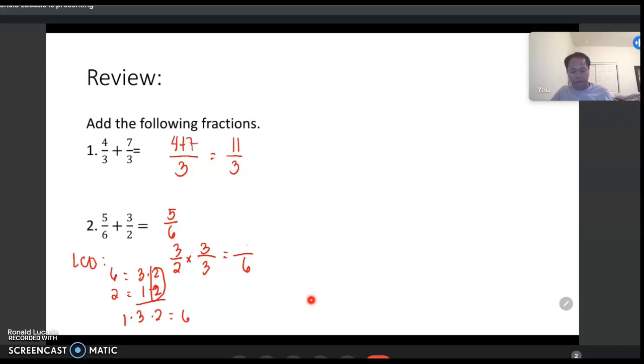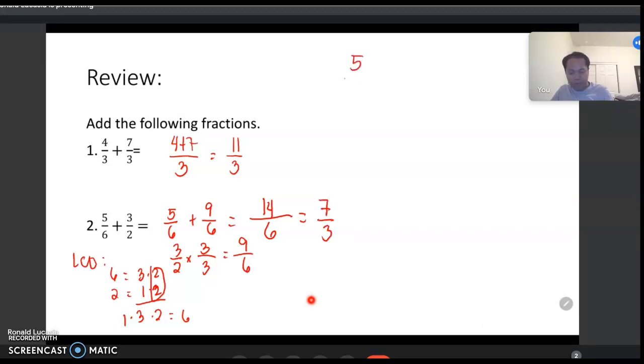So you have 3 times 3, that's 9. 2 times 3, that is 6. So this is 9 over 6. So it's similar now. So you copy the common denominator, which is 6. 5 plus 9, that is going to be 14. Do not forget to express in lowest term, 7 over 3.